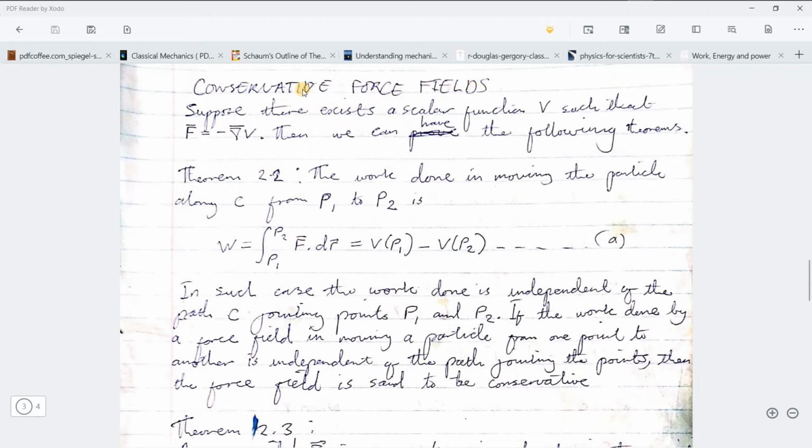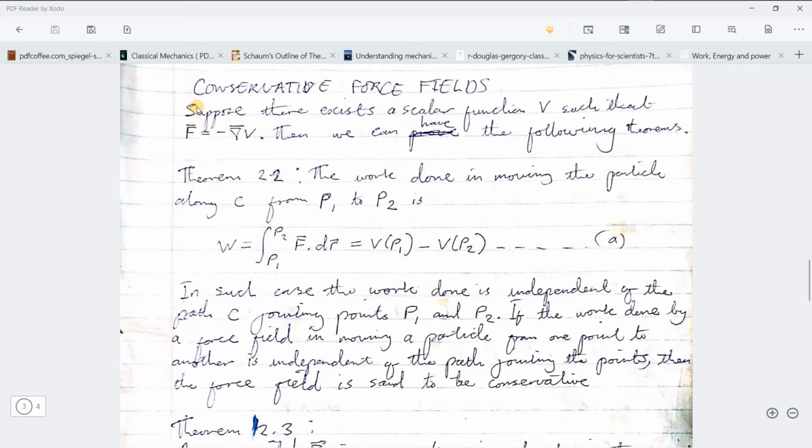Alright, conservative force fields. So this is another subtopic, conservative force fields. So here we're saying that suppose there exists a scalar function V such that F is equal to minus grad V, the negative gradient of V. So this symbol here is an operator called the del operator.